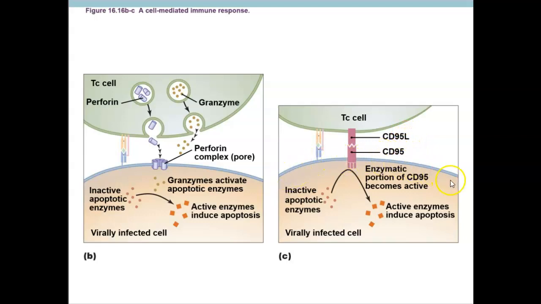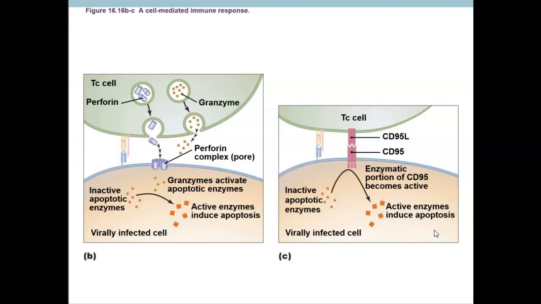The other cell, the virus-infected cell, if it has CD95, which is a protein that has an enzymatic portion on the inside, and CD95L binds to CD95, then CD95 becomes active. The enzyme portion of that activates the apoptosis enzymes. And so it begins that apoptosis process. And again, within 20 minutes, this target cell is dead.